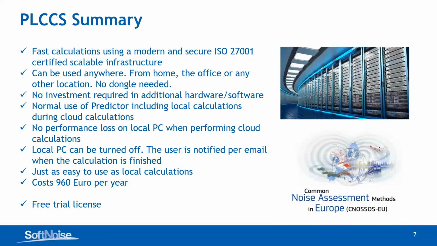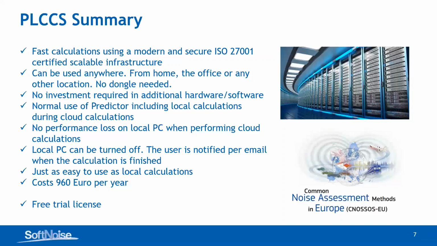You can use Predictor normally for local calculations or editing during your cloud calculations. There's no performance loss on your local PC, because the calculation is done in the cloud and not on your PC. You can even turn it off, and you get a notification by email when the calculation is finished. And as you saw, it's just as easy to use as local calculations.